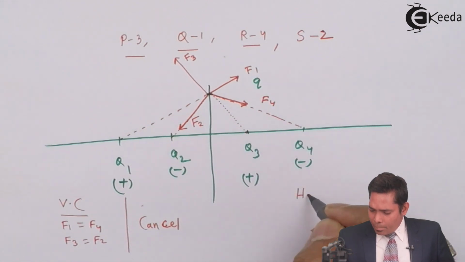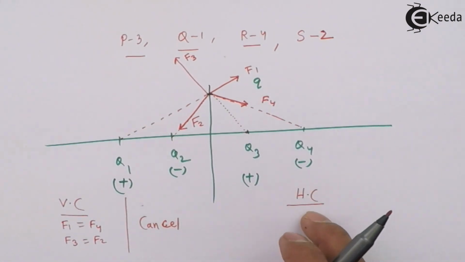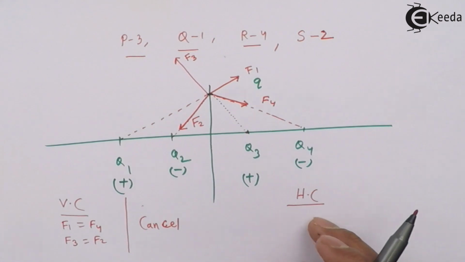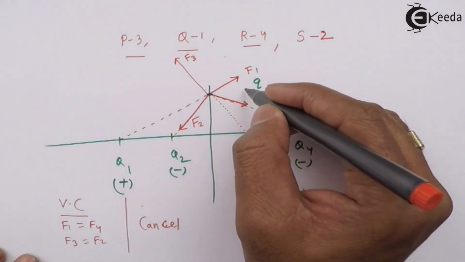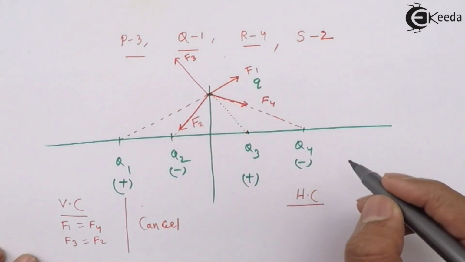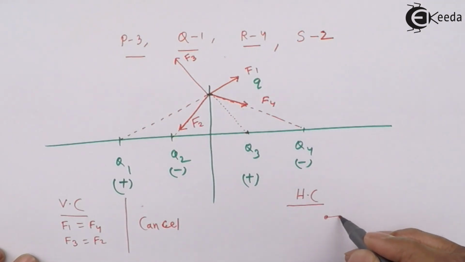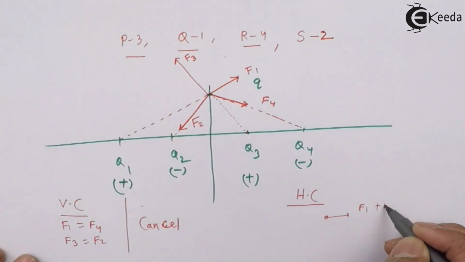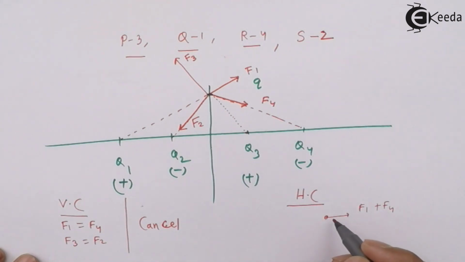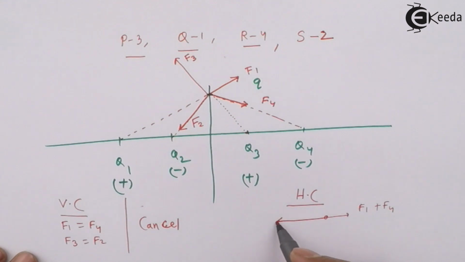As far as the horizontal component is concerned, that will determine the direction of the net force. This one is to the right side, this one is to the right side. So towards the right it is because of F1 and F4. Towards the left it is larger in magnitude, so it is F3 and F2. Because it is larger, the net will be towards this side.